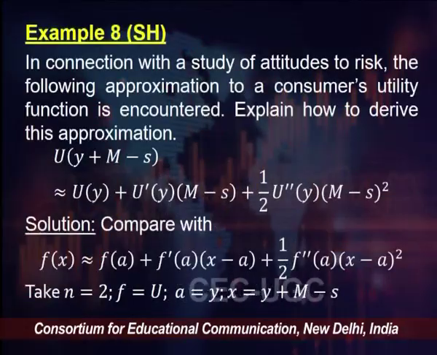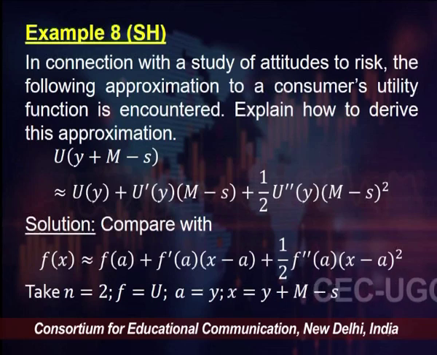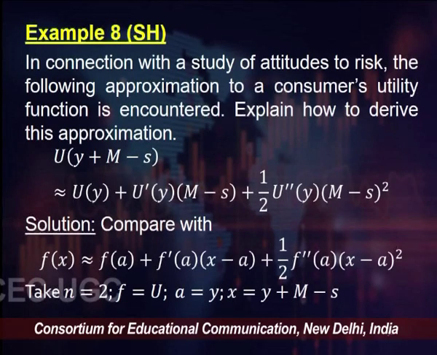Finally, let us take up an application from economics just to see how people use this kind of approximation, because we are ultimately doing mathematical methods for economics. So, here we have this example which says that in connection with the study of attitudes towards risk, the following approximation to a consumer's utility function is encountered.